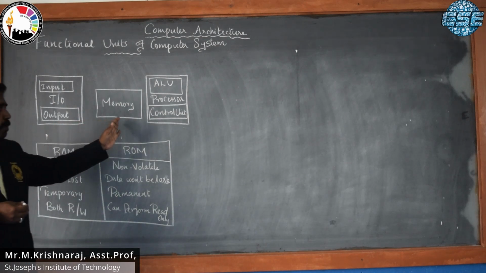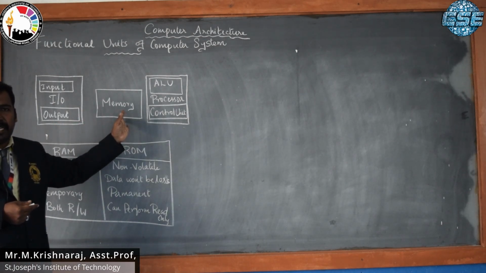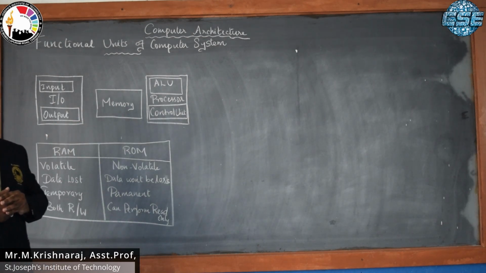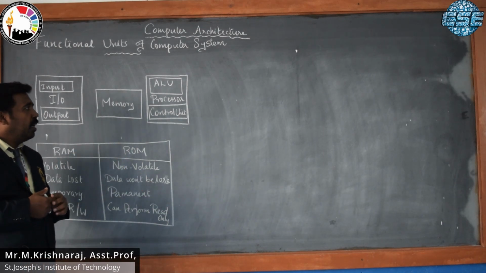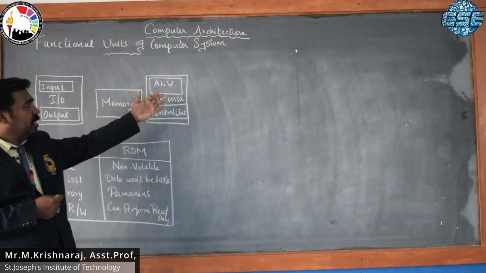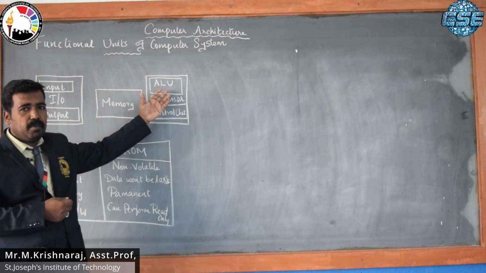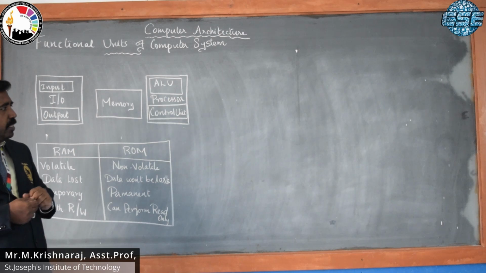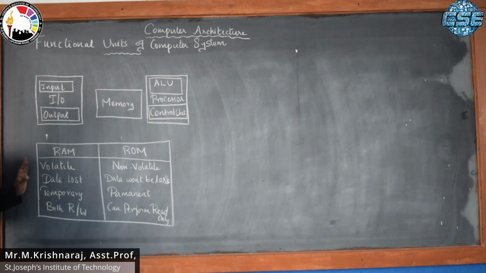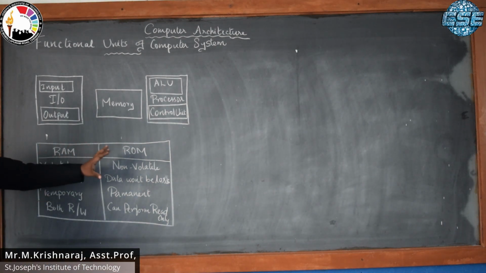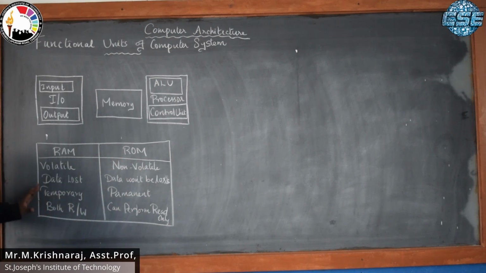And when you talk about memory, there are so many memory units available: primary and secondary memory, which we will see in a further topic. Arithmetic logic and control units are the important components available in the central processing unit.